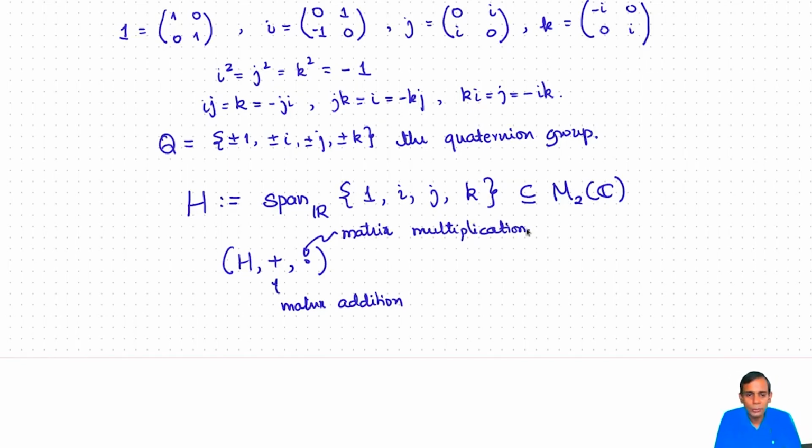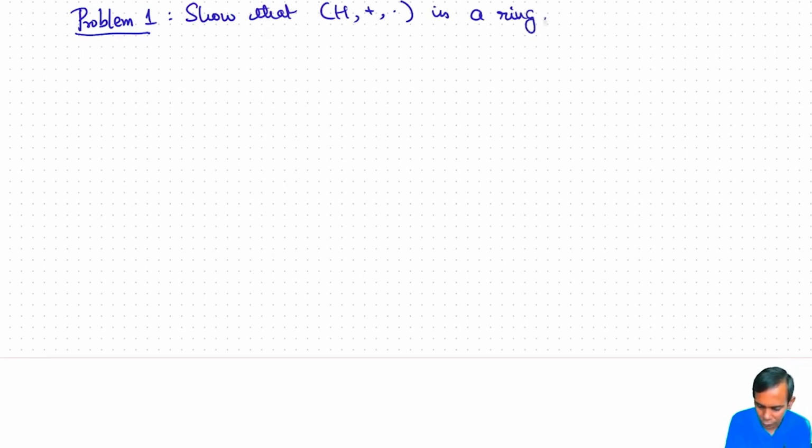And that defines the quaternions. Okay, problem 1. Show that H, plus, dot is a ring. I already called it the ring of quaternions, but we need to check that it is really a ring.